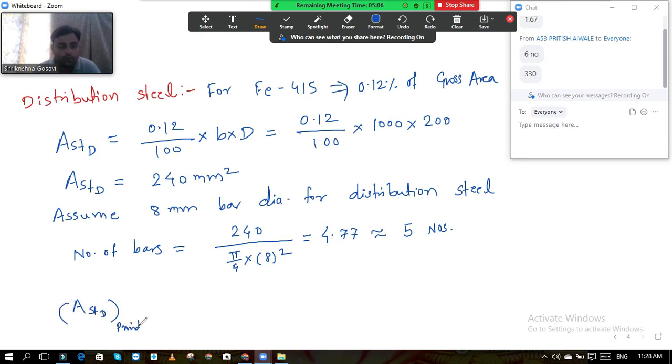What are we going to provide? We are going to provide 5 bars, each of diameter 8 mm.